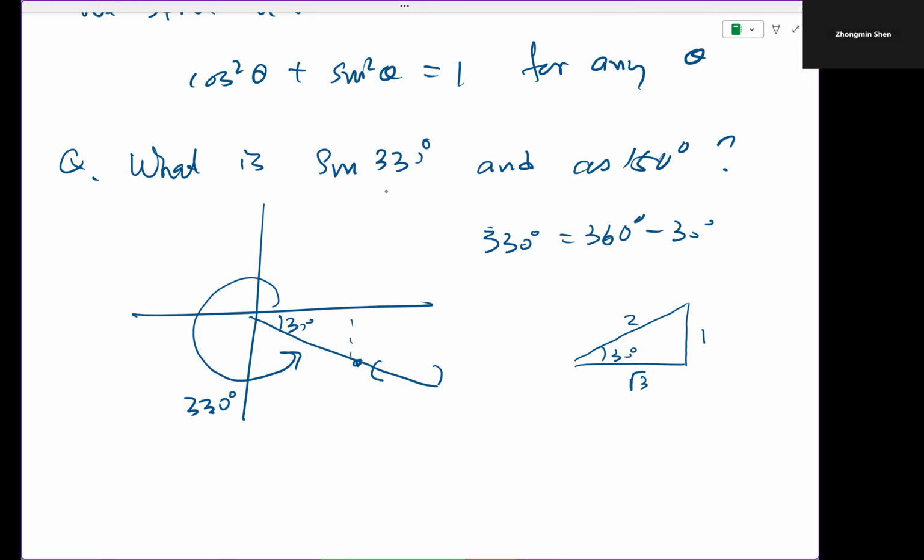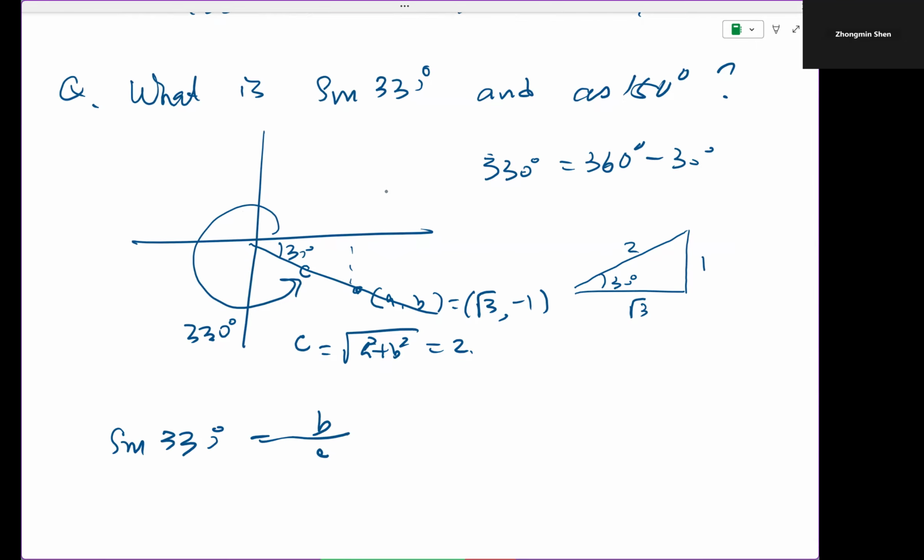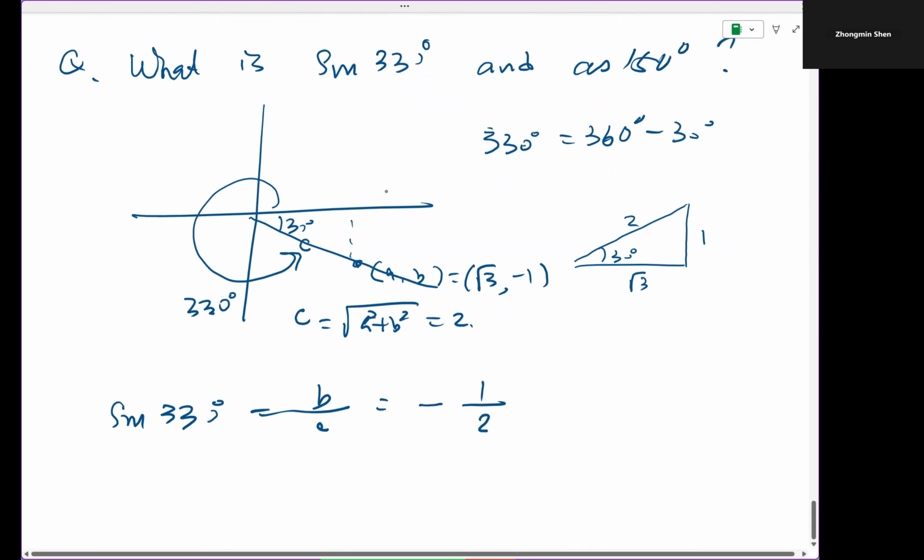The value of A is square root of 3. What is the coordinate B? Negative. Yeah, -1. So what is C? C is 2. Square root of A squared plus B squared, so it's 2. Now sine 330 degrees is going to be B over C, which is -1/2. Okay, that's it.